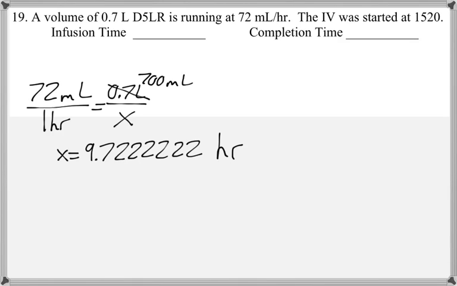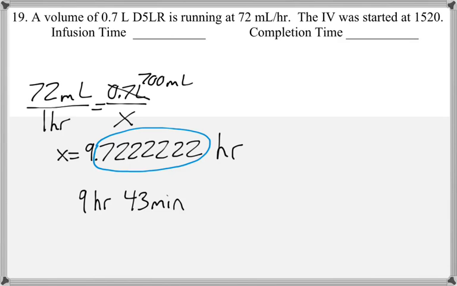So I do need to multiply the entire decimal by 60. And we'll get 9 hours, and it's 43.3, so we round that to 43 minutes.